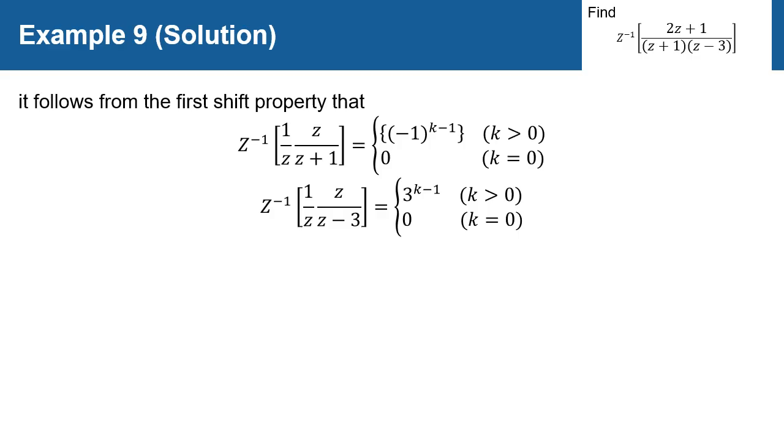And the inverse z transform of 1 over z times z over (z - 3) is equal to 3^(k-1) when k is greater than 0, and that is 0 when k is equal to 0.